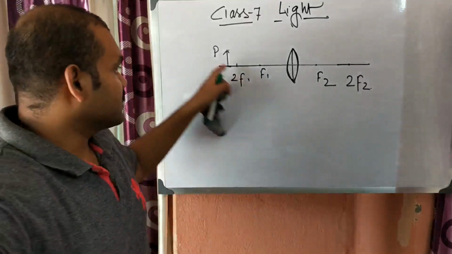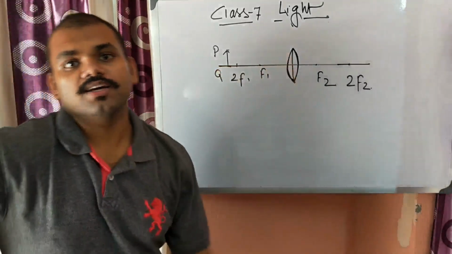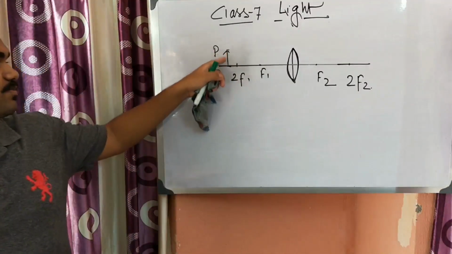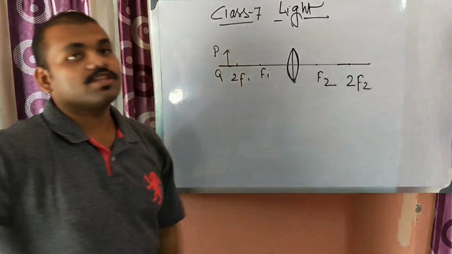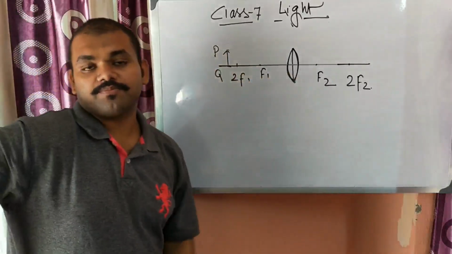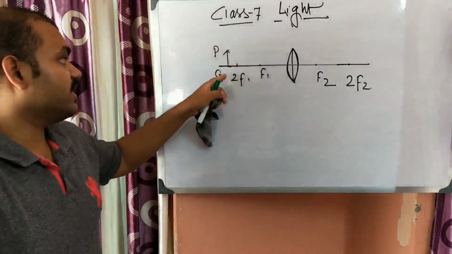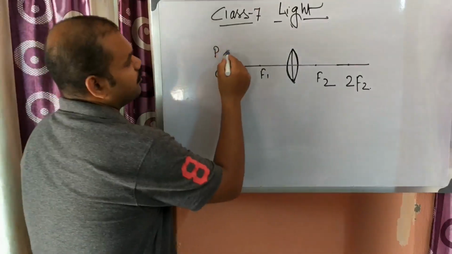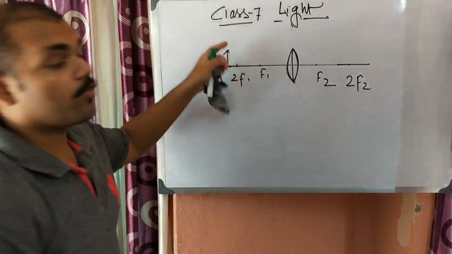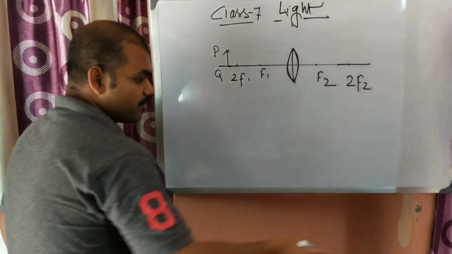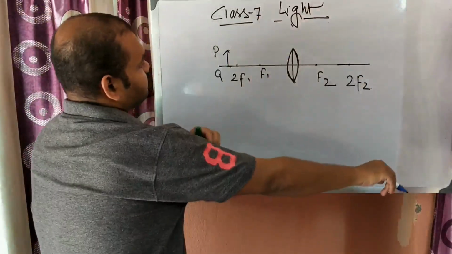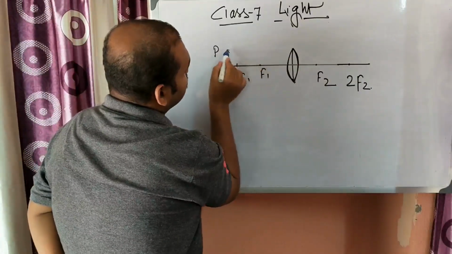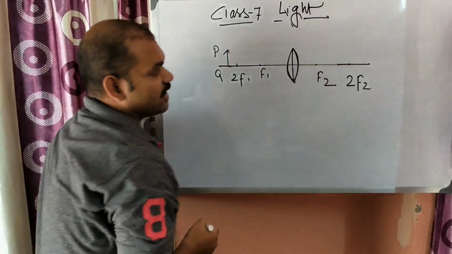Whenever this object is placed perpendicularly on the principal axis, suppose a ray is coming from the point P, this is the optical center O.